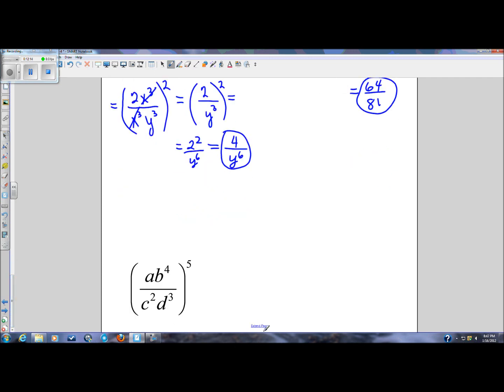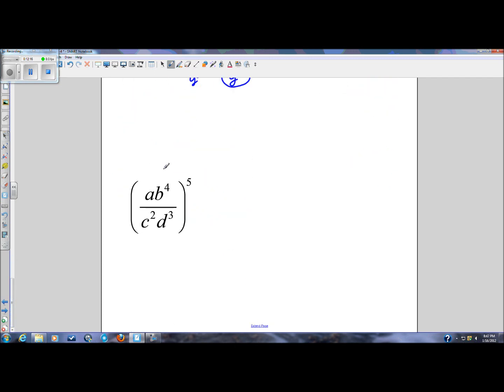And the last problem on this particular page, we have ab to the 4th over c to the 2nd, d to the 3rd, all raised to the 5th power. So raise everything inside to the 5th power.